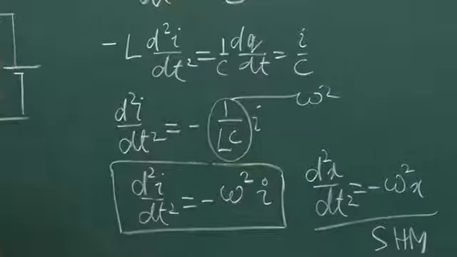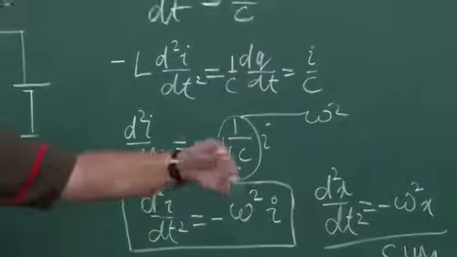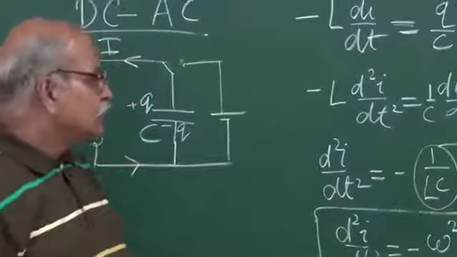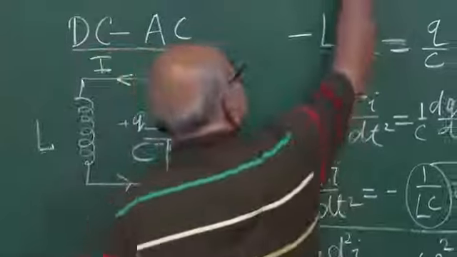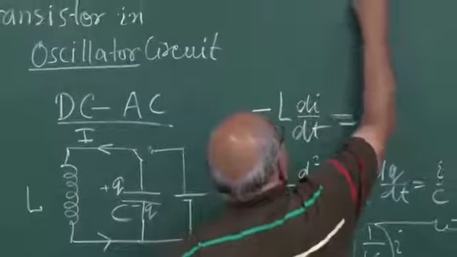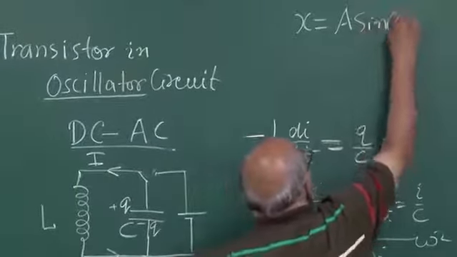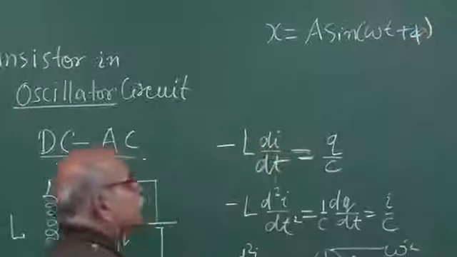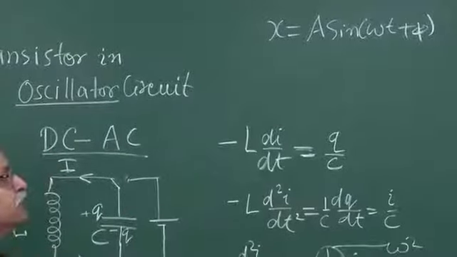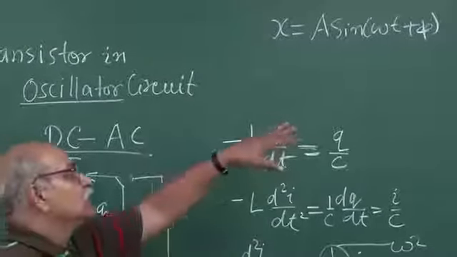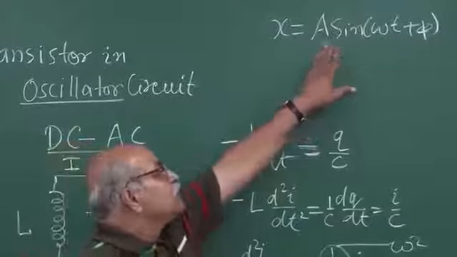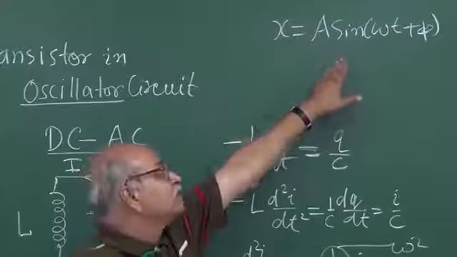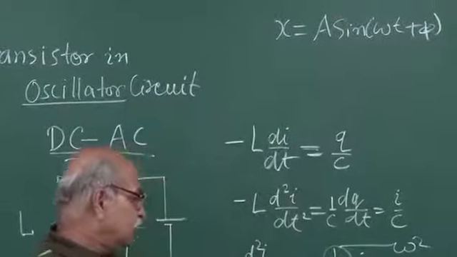You know the solutions: a particle going in SHM goes from -A to +A. We can write x = A sin ωt or cos ωt plus some constant. That constant depends on the choice of t = 0, but essentially this is an oscillation. X oscillates in time, and exactly the same is the story with this equation here.